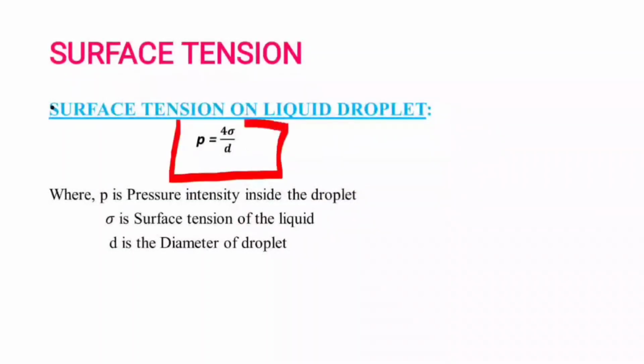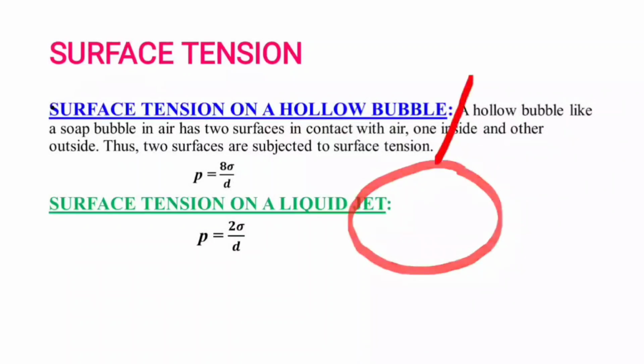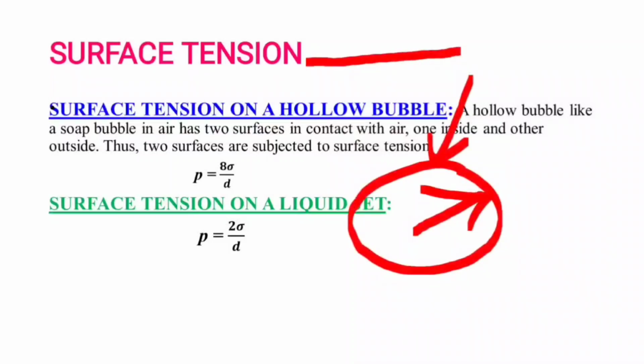Please remember these formulas for solving numericals. Surface tension on a hollow bubble like a soap bubble: outside it is in contact with air, and inside it is also in contact with air. The definition says that at the contact between water and air, two immiscible fluids, a thin layer forms due to tension.